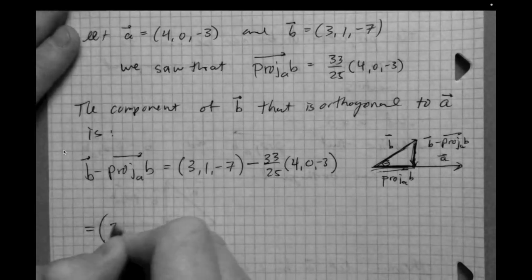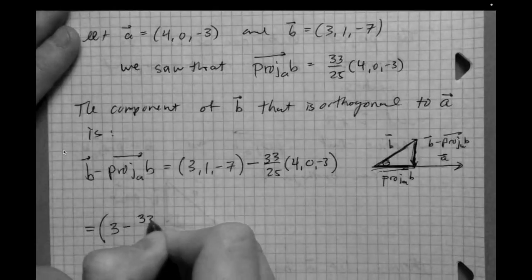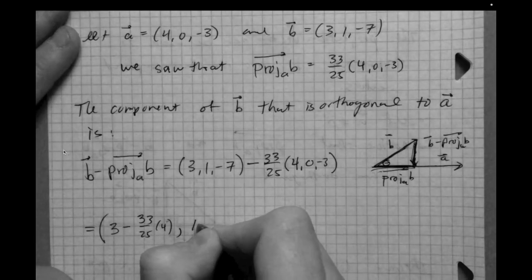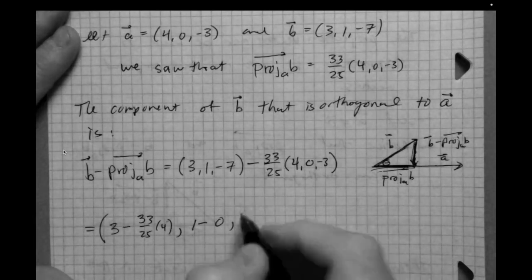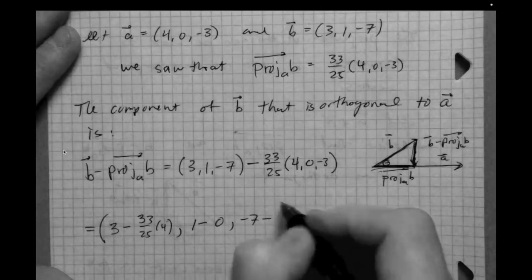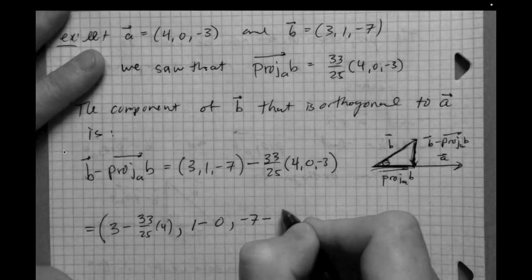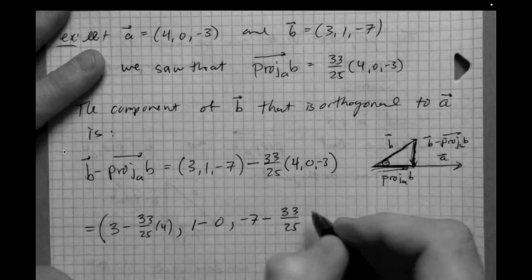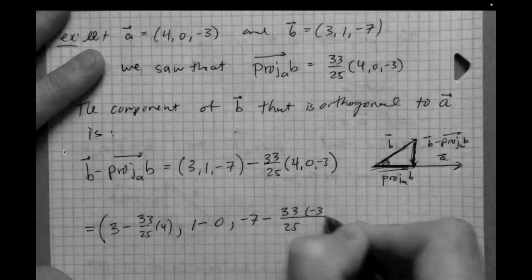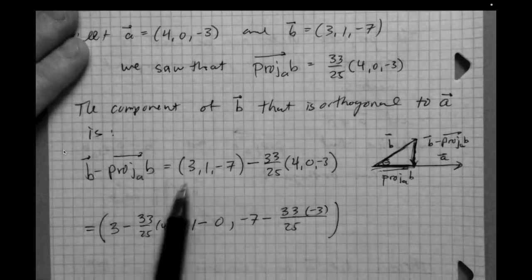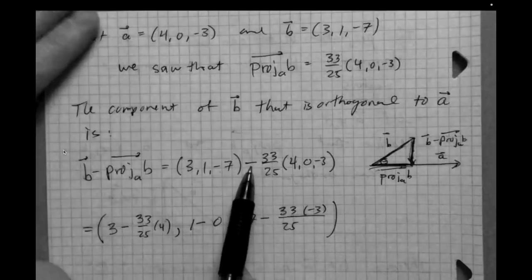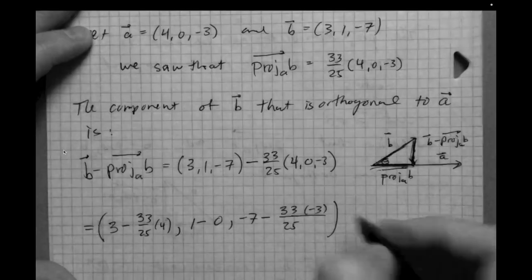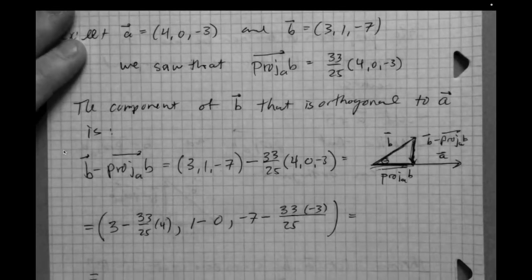And so this would be like 3 minus 33 over 25 times 4, comma, 1 minus 0, comma, negative 7 minus, let's see, 33 over 25 times negative 3. We'll put that up top, like so. Right, so just taking negative 7 minus 33 over 25 times negative 3. So you can kind of write it like this if you want. And we can calculate this pretty quickly.